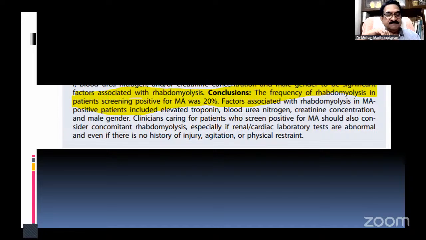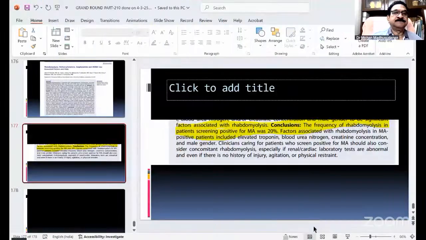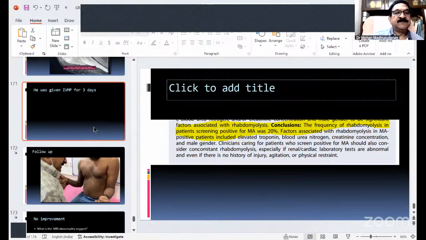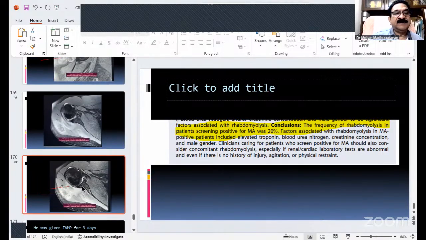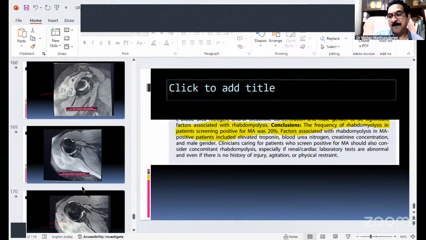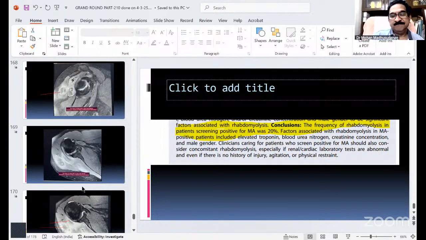Okay, any questions? I am seeing for the first time myonecrosis induced by MDMA. In fact, I had not seen any complication of MDMA before. Shoulder MRI, there were no findings to suggest a tear.